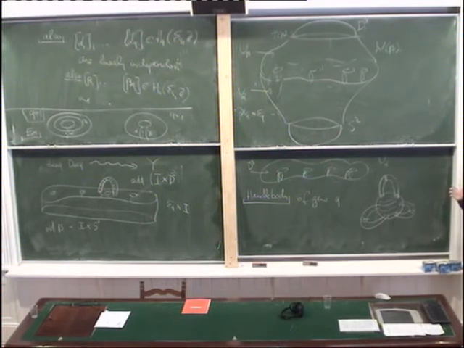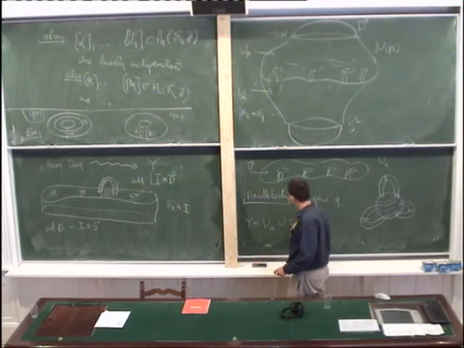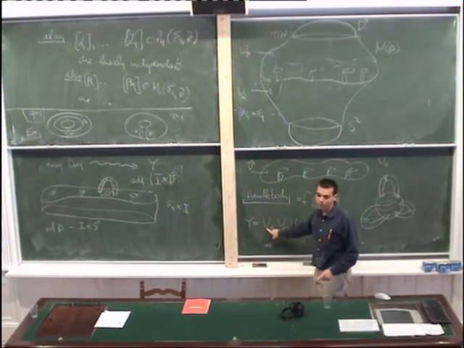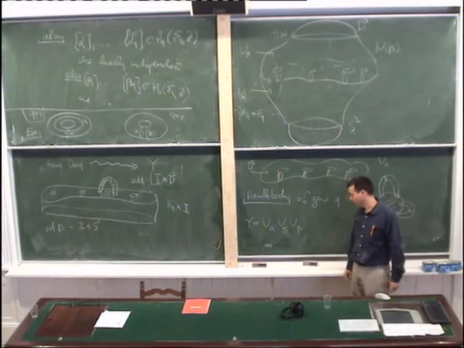Okay, so what we really have is a decomposition of Y into two parts, U alpha and U beta, along their common boundary. So this is a handle body of genus g, this is a handle body of genus g, and this is the common boundary, right?